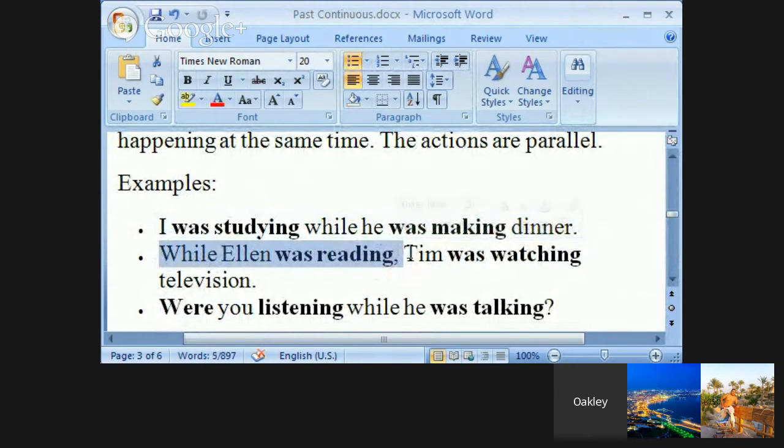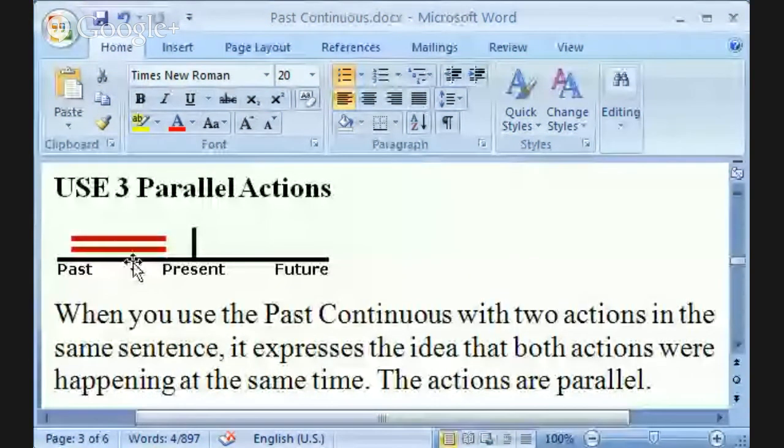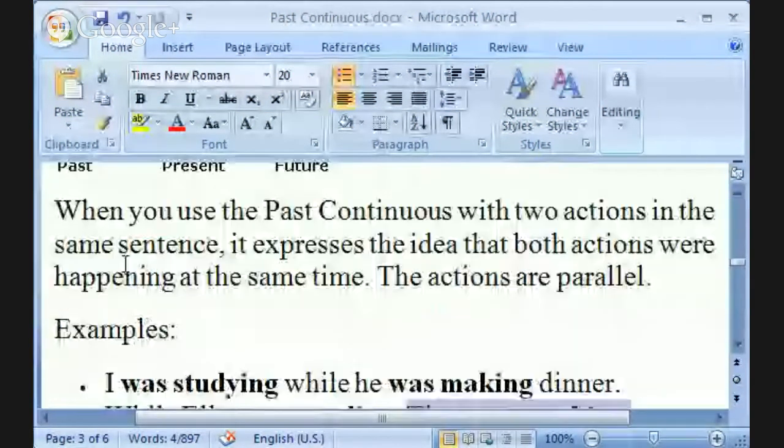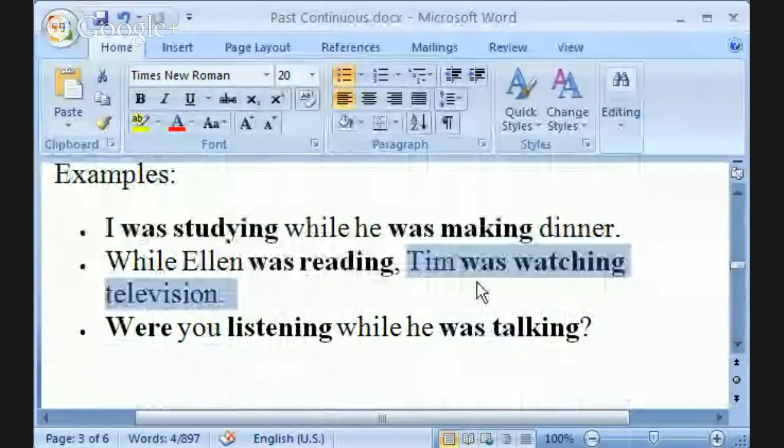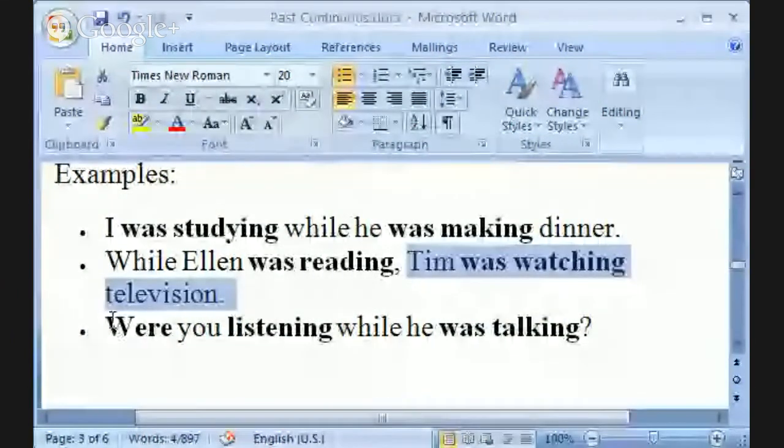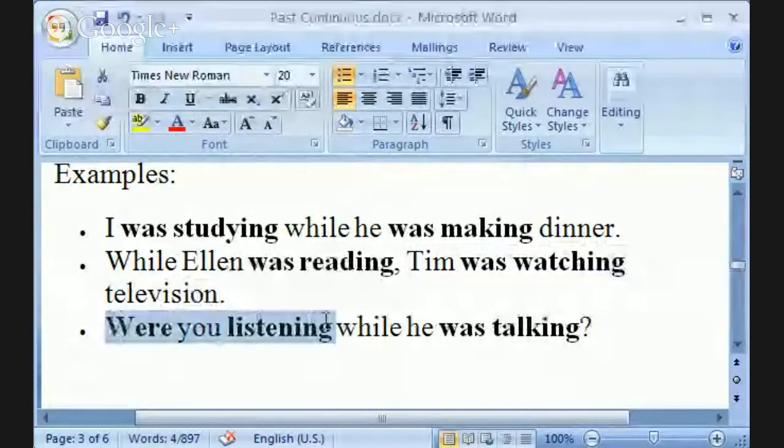While Ellen was reading, Tim was watching television. Okay, Tim watching television takes time, reading takes time, it takes duration. So you would use past continuous for both of those actions. Okay. In the question form, were you listening while he was talking?